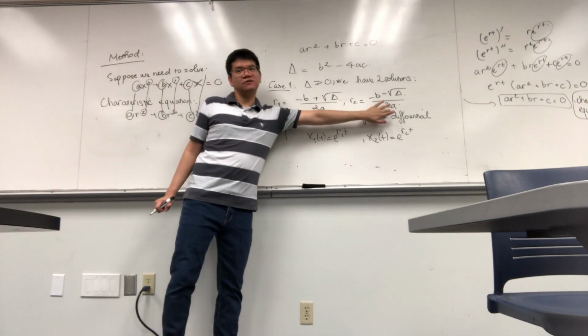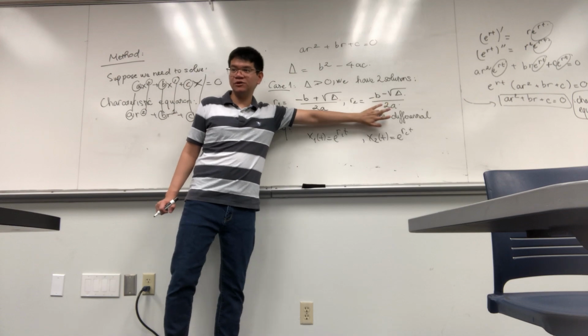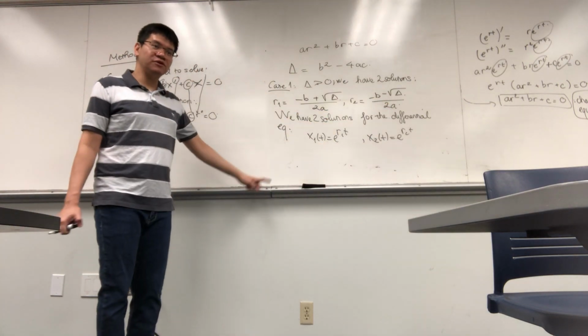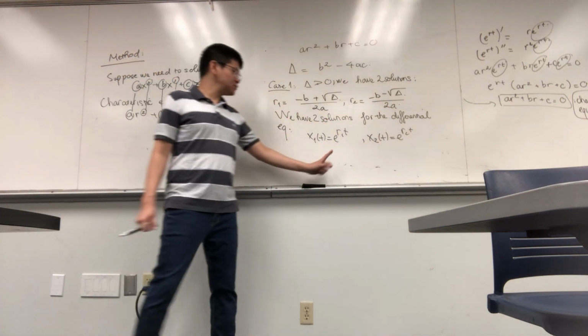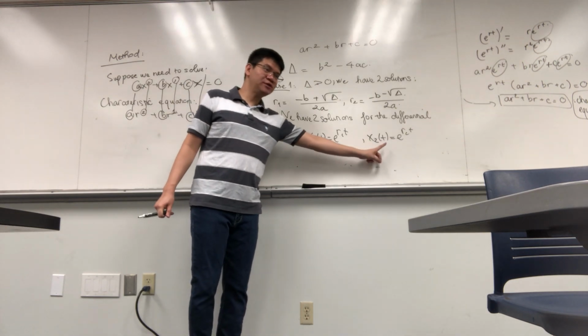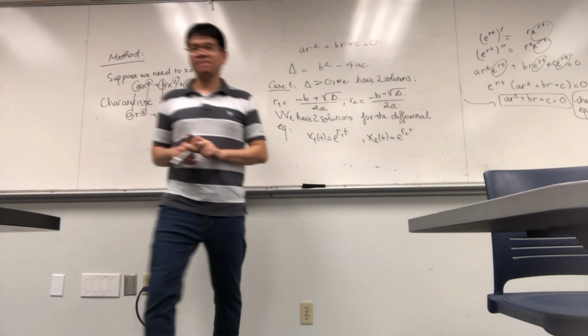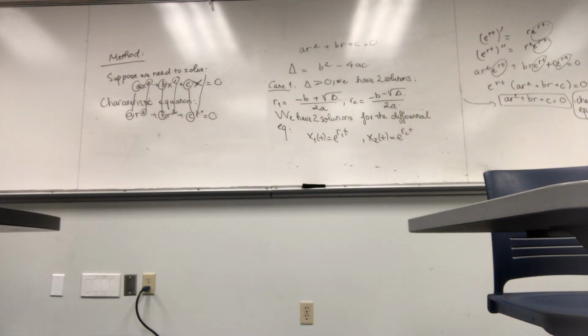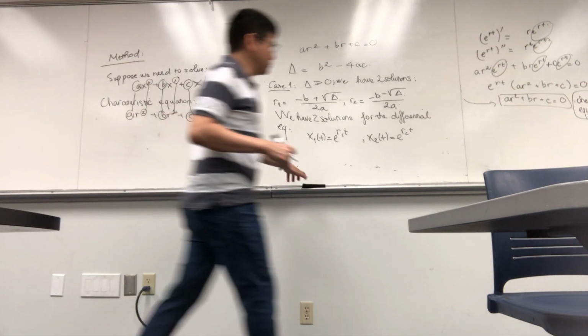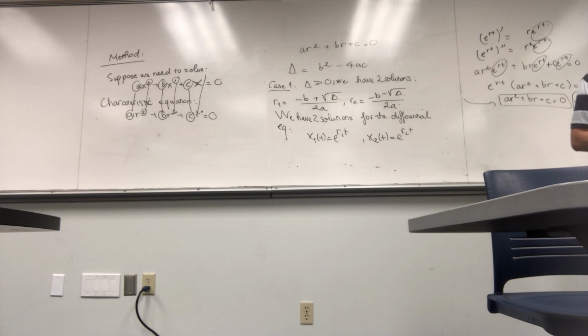These are the formulas of the solutions for the quadratic equation, and the solutions for the differential equation will take the form exponential of r1 t and exponential of r2 t. Questions? Let us try to do some examples so that you understand better how to solve.